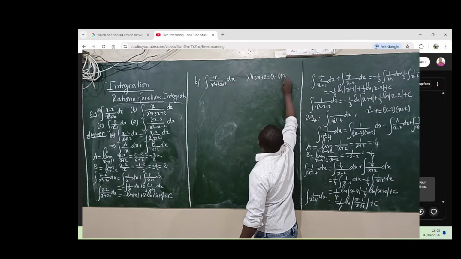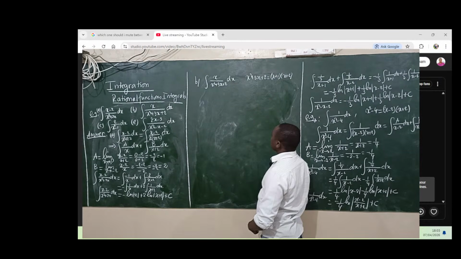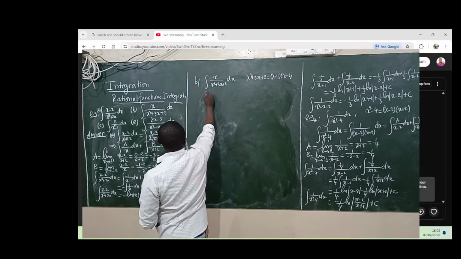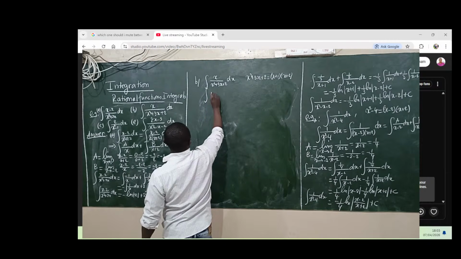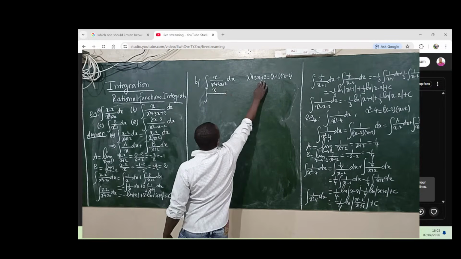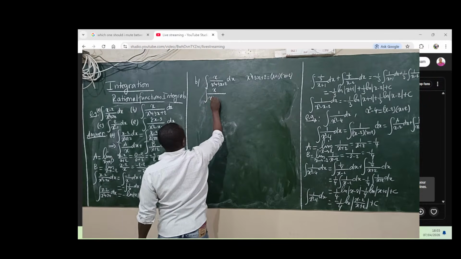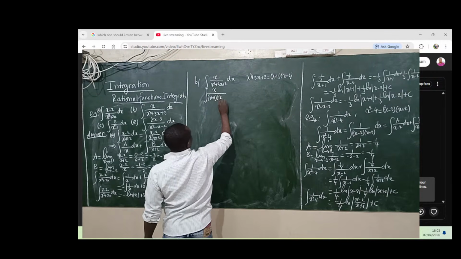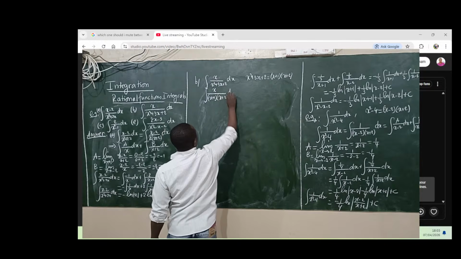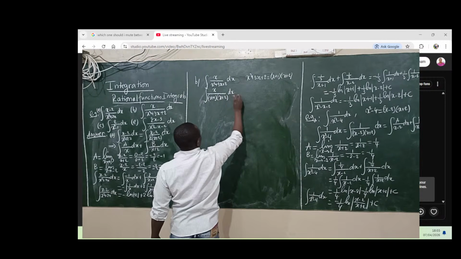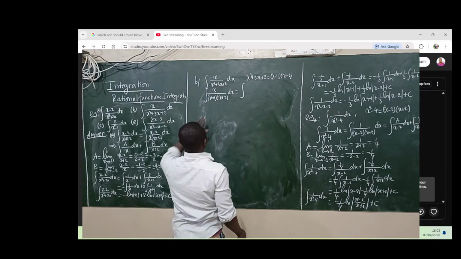Okay, that's why this integral is going to be x by, instead of writing this, we are going to write this. Here is x plus 1 into x plus 2 dx. And this is going to be the integral, because this can be equated to 0.